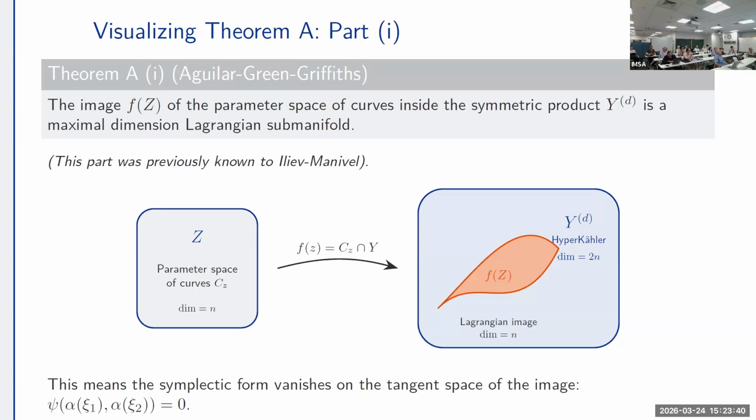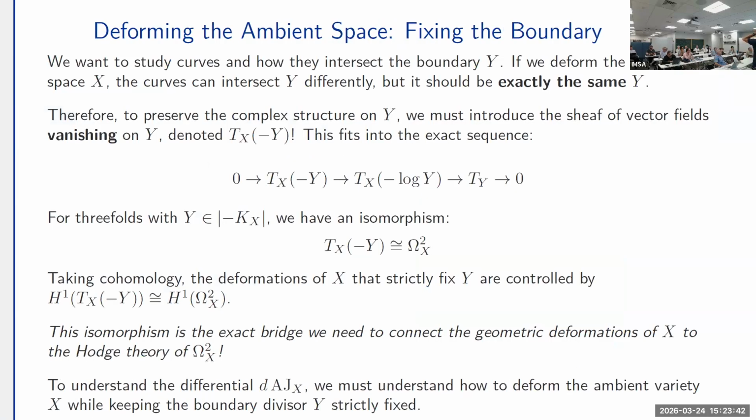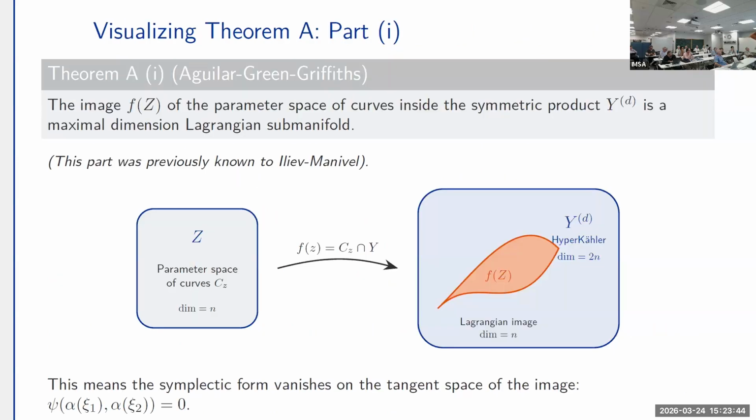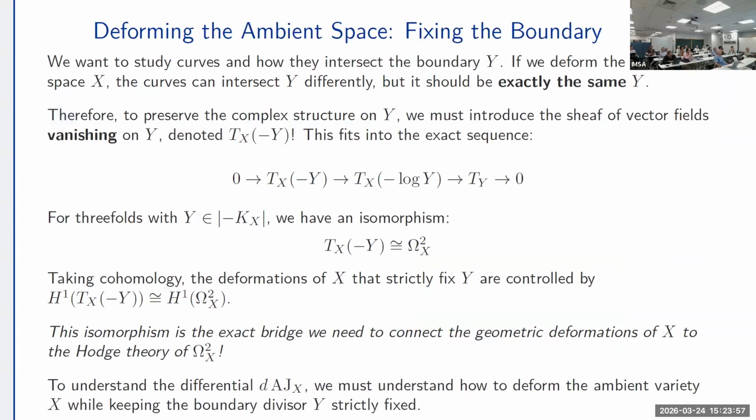We keep everything fixed, and now we want to deform X. But if we want to do something like this, we need to keep fixed the complex structure of Y. We cannot deform Y because this map will be moving. So I will introduce a second sheaf that is T_X(-log Y)... sorry, T_X(-Y).